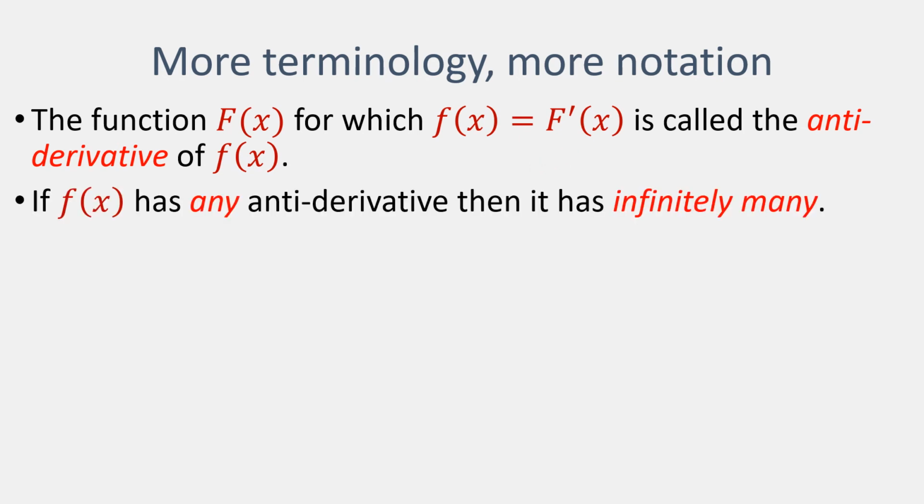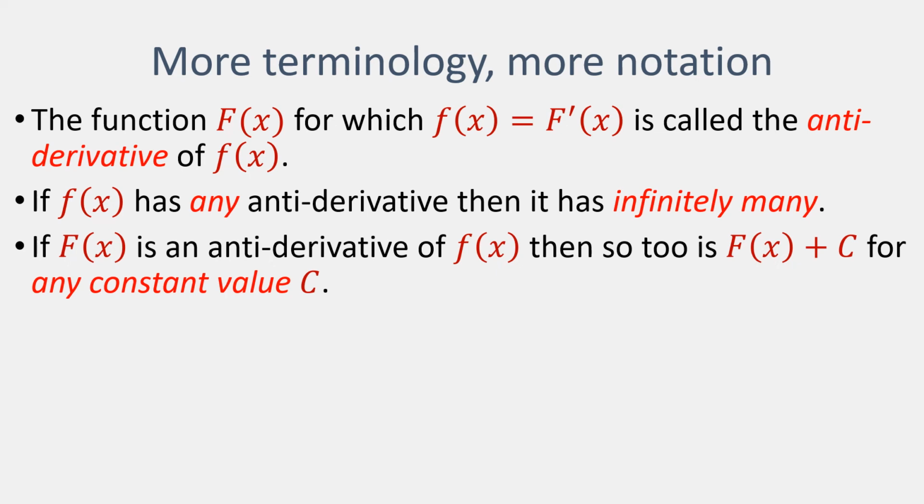Now, there's one complication we have with integral calculus, which is that if a function has any antiderivative at all, then it has infinitely many. And the reason for that goes back to one of our basic differentiation rules. Suppose this function is an antiderivative of another function.